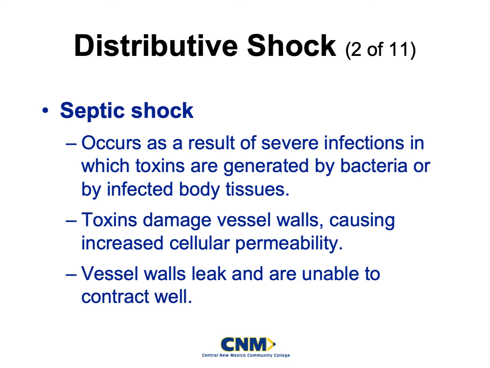The problem is that the toxins start to build up in our blood, in our plasma, and those toxins come from the infection itself, which could be destroying our intercellular fluid and spilling out all the nastiness found within our cells. But really, what it's doing is damaging the walls of our vessels. It's slowly eating them away, and this causes increased cellular permeability.